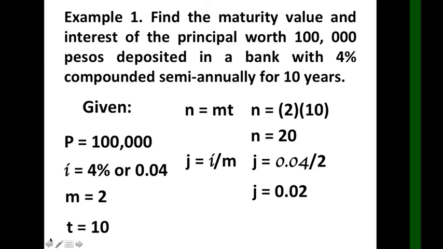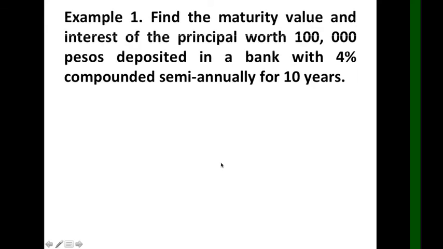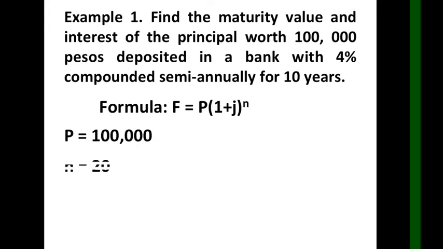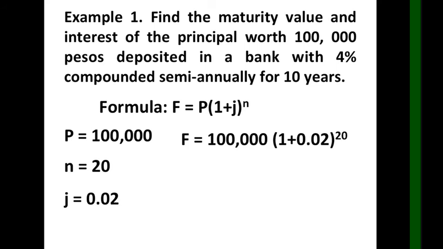Now, in the next part of this presentation, we will just need to use this N and J. So these three are okay since we have used them in solving N and J. Therefore, we will have the formula F equals P quantity 1 plus J raised to N. For the P, we have 100,000, N is 20, J is 0.02, and we will just substitute the given to the formula.